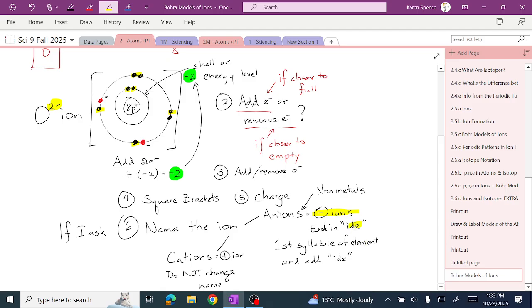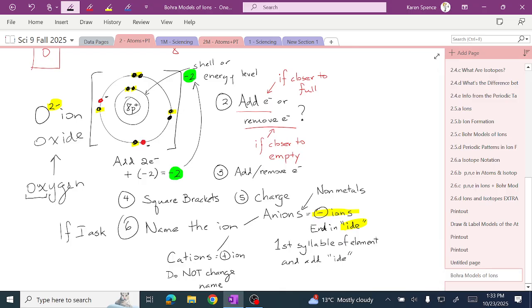They end in "ide." And the name is oxygen. What would it become? Oxide. So you take your first syllable, ox, and it becomes oxide. So that is the oxide ion.